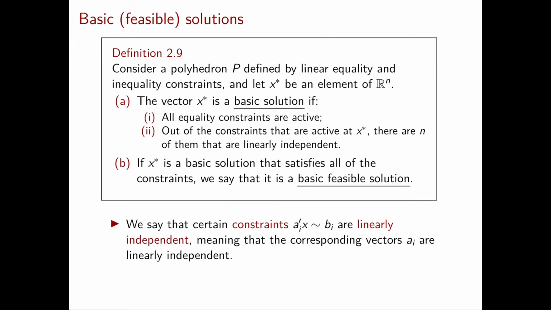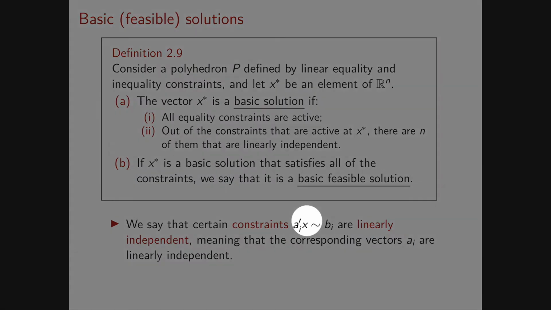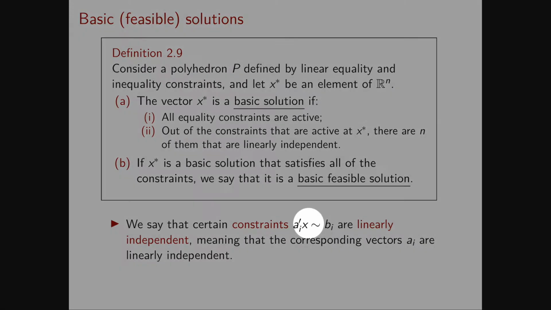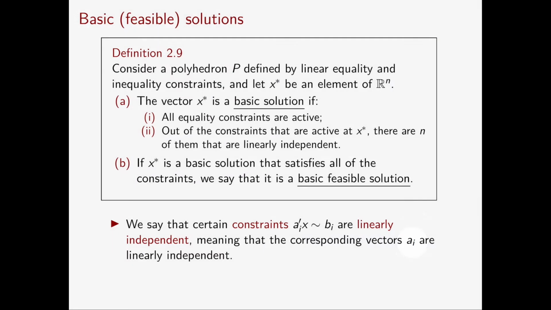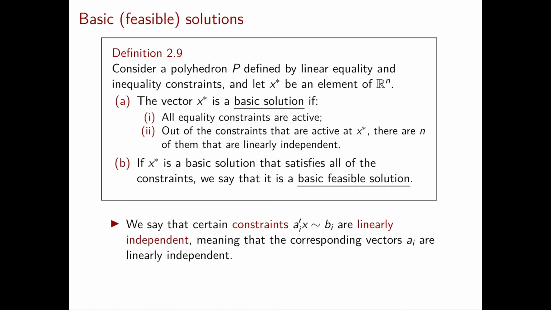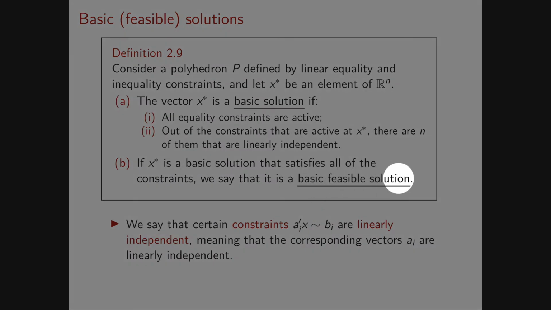Recall that the number of constraints with left-hand side AI transpose x are said to be linearly independent if and only if the corresponding vectors AI are linearly independent. So essentially we only look at the left-hand side of the inequality and not at the constant in the right-hand side.